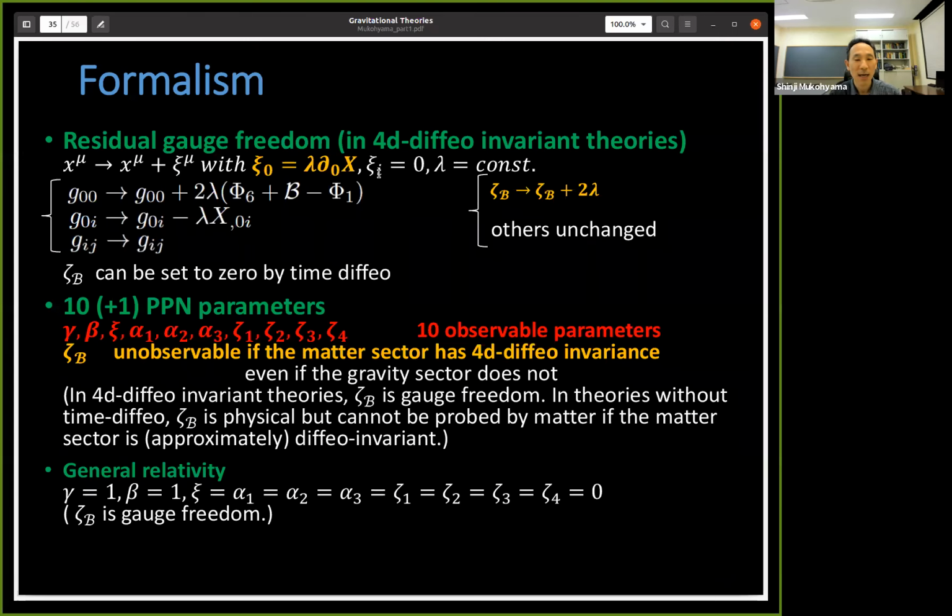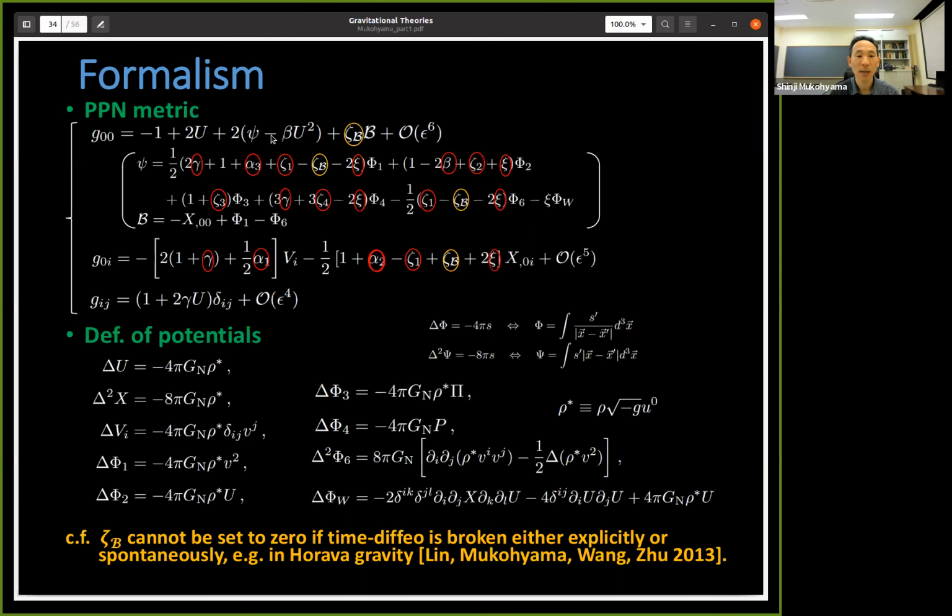Then the spatial component is set to 0 and lambda is constant. Then the metric transforms in this way. If we consider a theory with 4D diffeomorphism invariance, like GR or usual scalar-tensor theories, we can use this to simplify the PPN metric. This form of the metric is called the PPN metric.